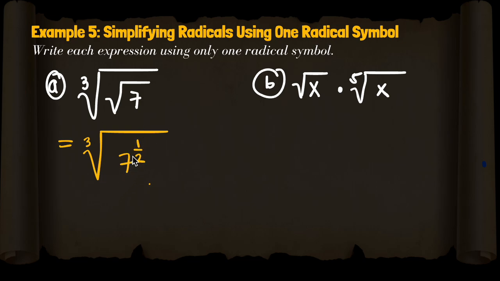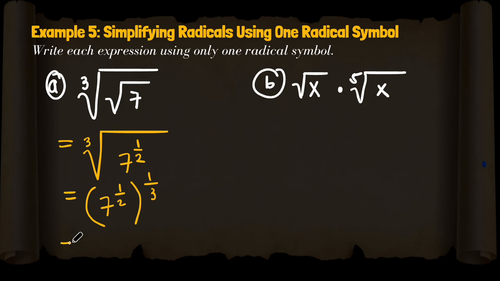Right? Ngayon, exponential form na siya. Pwede ko rin gawing exponential form ito. So, we can write it as 7 raised to 1 half raised to 1 over 3. Yun ang ginawa natin dito.